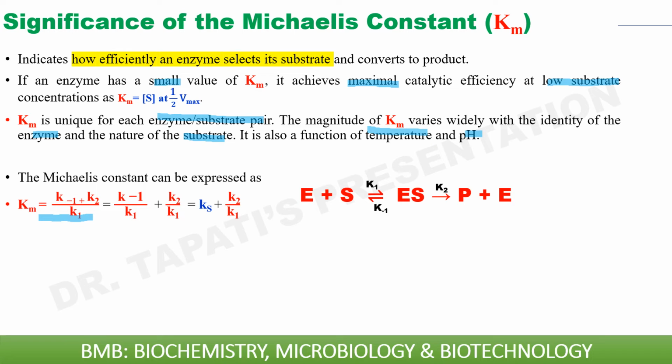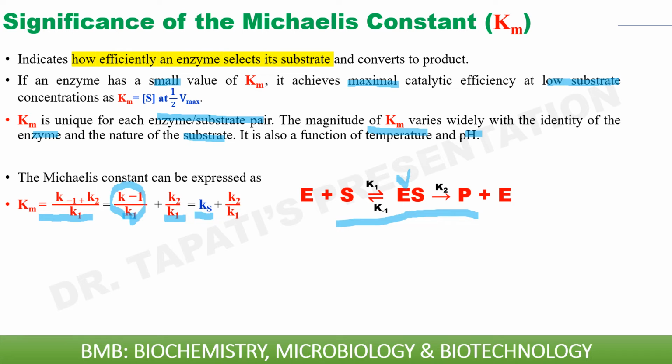Or we can write this equation as K minus 1 divided by K1 plus K2 divided by K1, and this first value is equal to Ks, that is the dissociation constant for this reaction, the dissociation of the ES complex.